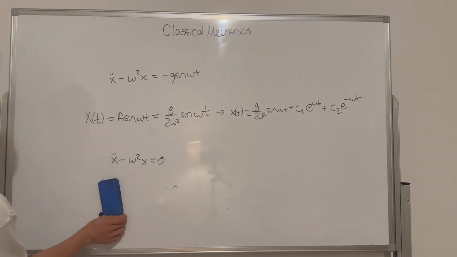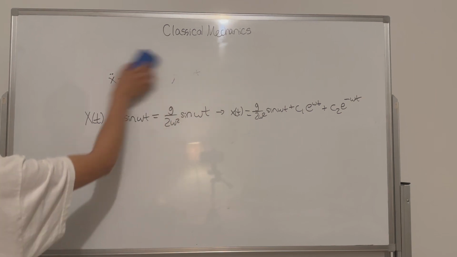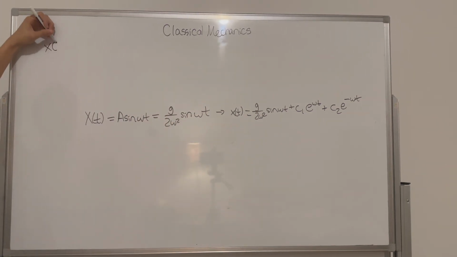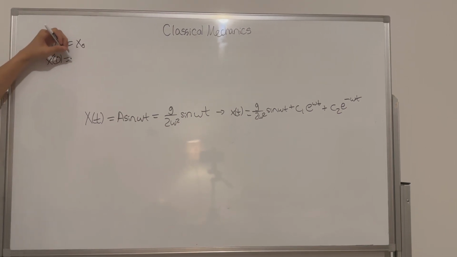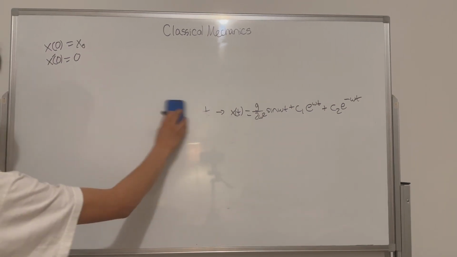But we're not done here. There's a specific solution since there are initial conditions. You may remember that the initial conditions are x of 0 equals x naught and x prime of 0 equals 0. So we need to solve for those. Let's go ahead and do that.